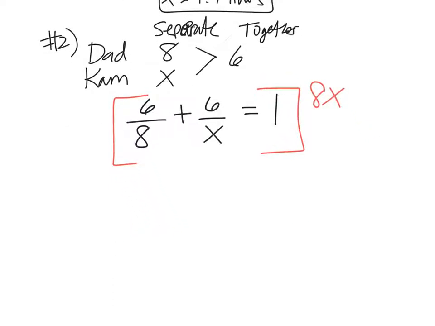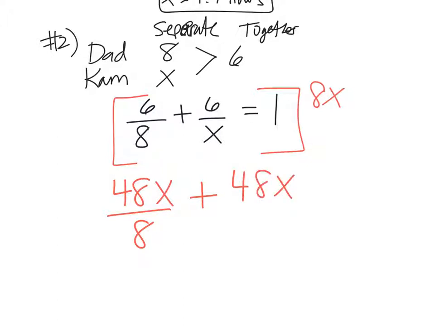So we get 48x over 8 plus 48x over x equals 8x.